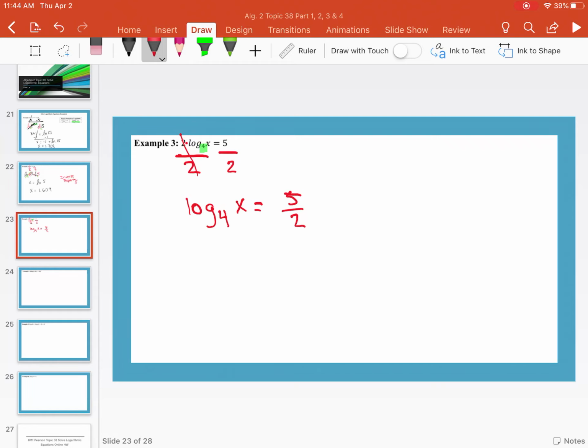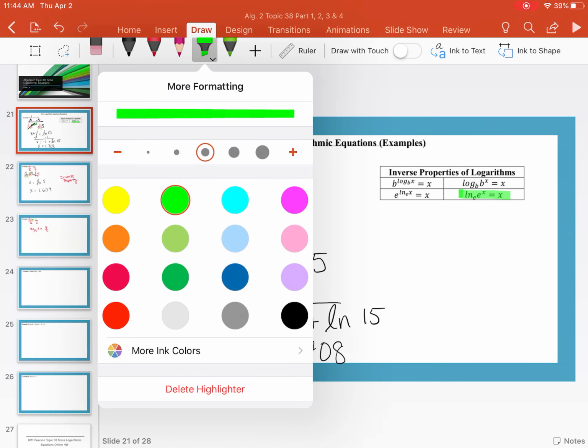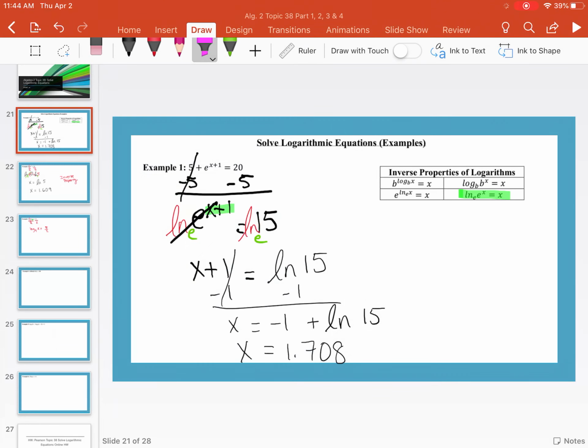Now if we go back to our properties, we notice here how we have log base 4 of x equals 5/2. What we're going to use is this top left property, b to the log base b of x equals x.